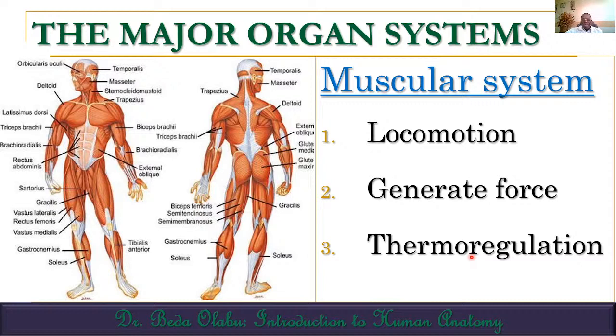Now, we've mentioned three major systems: the skeletal system, the articular system, and the muscular system. These three systems are commonly referred to as the locomotor supersystem. So when you talk of the locomotor supersystem, we are referring to those three systems combined: skeletal, muscular, and articular.